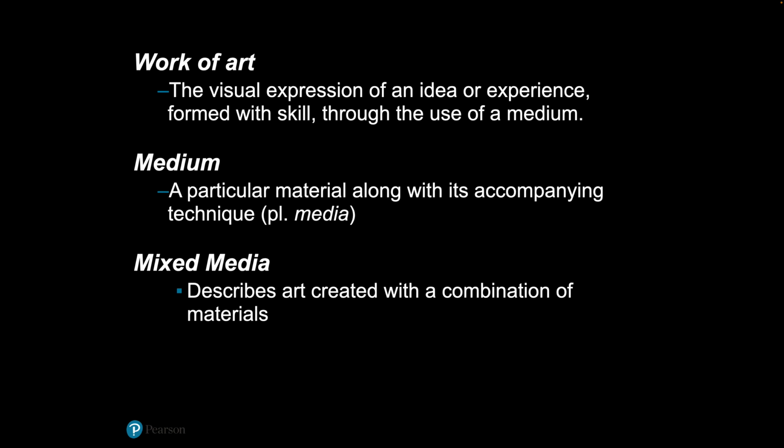Another term to think about is mixed media, which describes art that's created with a combination of materials. So found object sculptures are known as mixed media, or if people are combining different types of paints or different liquid media to paint with something, that's another form of mixed media.